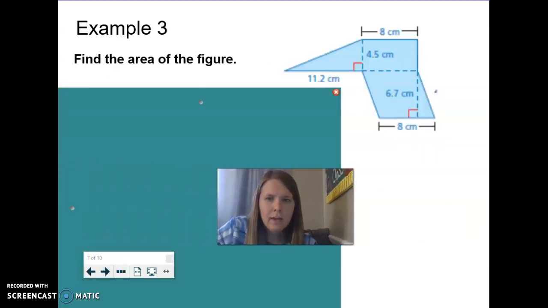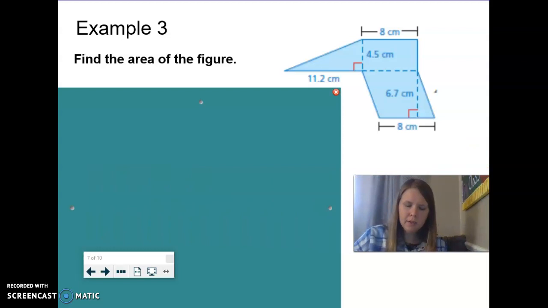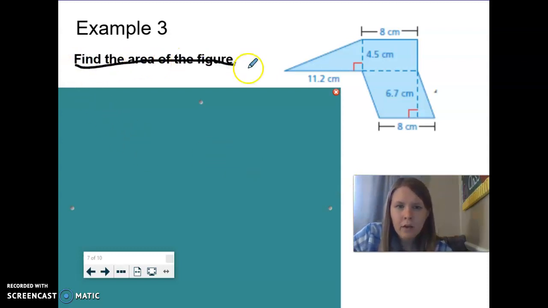All right. Example 3, we've got another example here. This time we've got this crazy composite figure, and all they want me to do is find the area of the figure. Let's take it one step at a time. I can tell right here I've got a triangle. Right here it looks to be a rectangle because it's not the same sides.